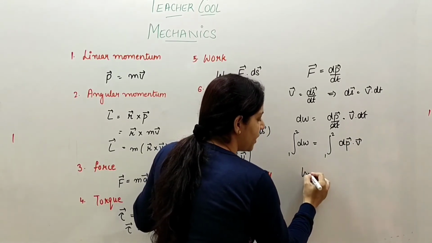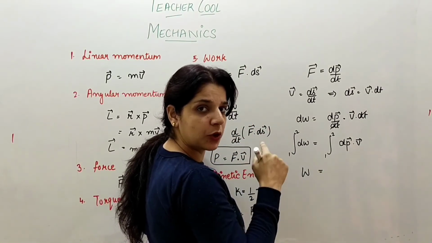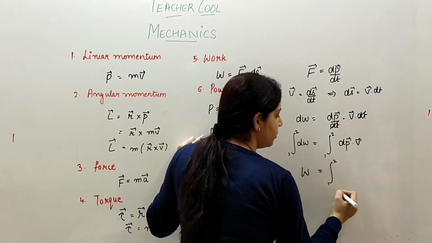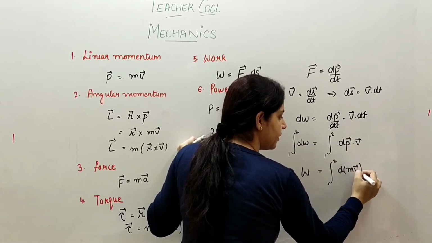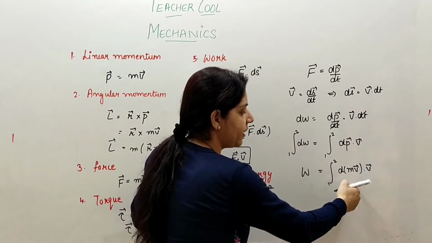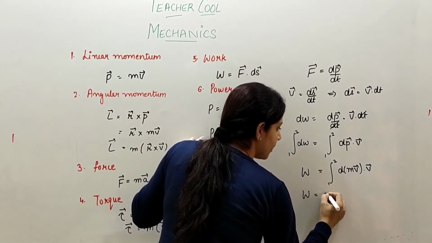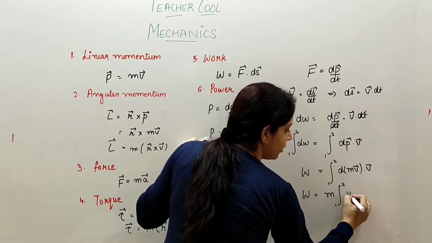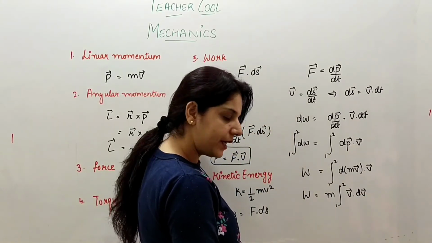This will come out to be capital W, which is the total amount of work done from going point 1 to point 2, and it will be integration 1 to 2 d of m into v vector dot v vector. M being constant can be taken out, so work done will be m integration 1 to 2 v vector dot dv vector, right?